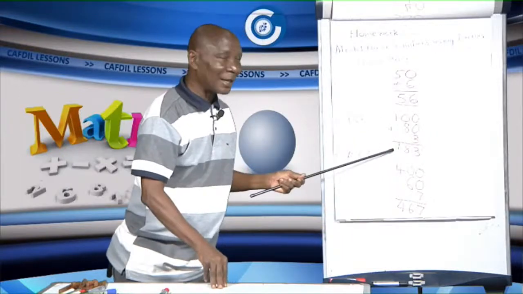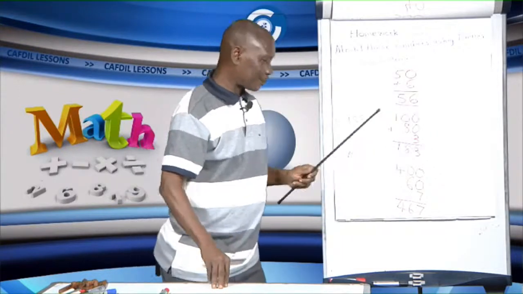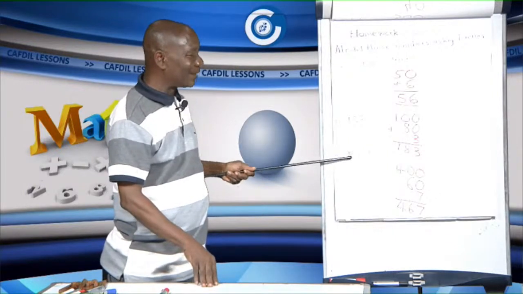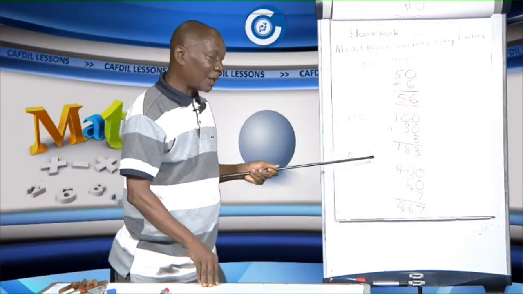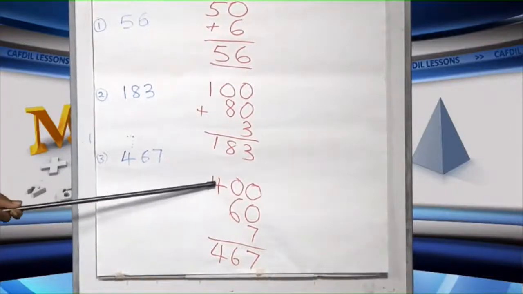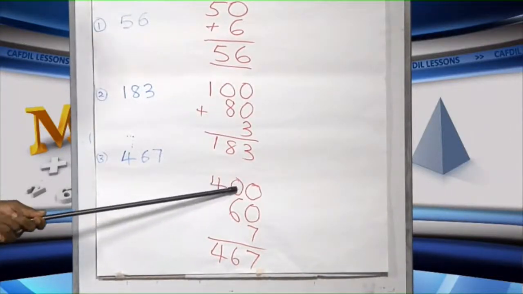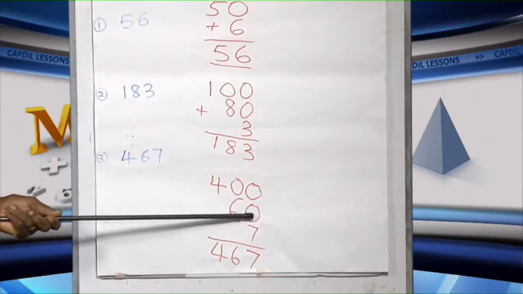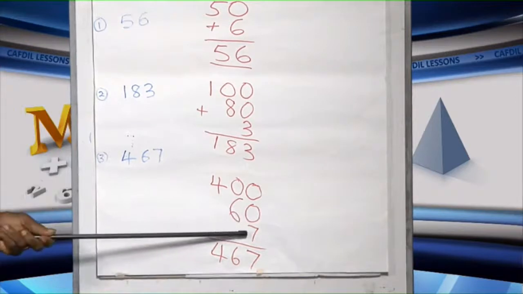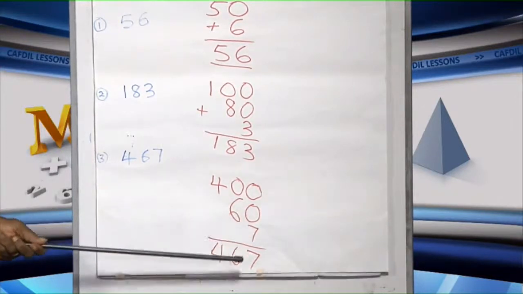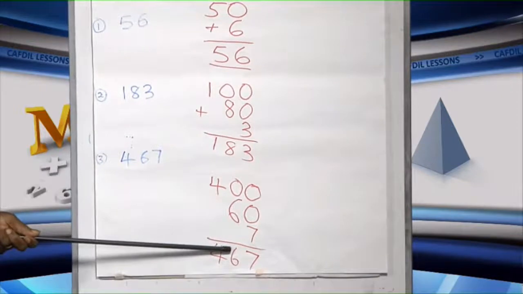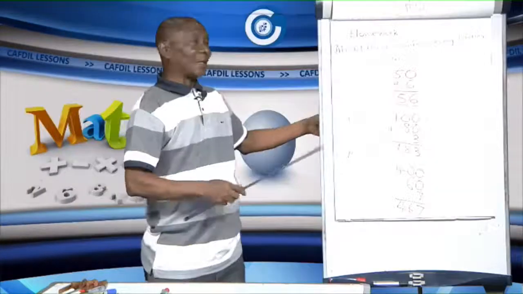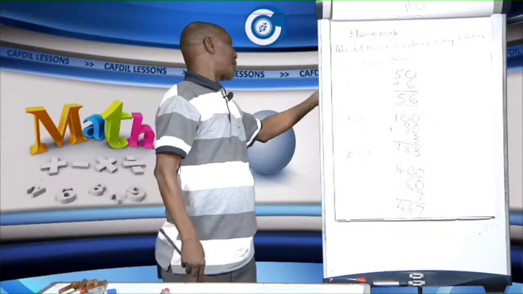That will give you 183. Number 3, 467. You have 4 flats, 6 longs, making 460, and 7 units. That will give you 467. Okay, now let's go back to today's work.